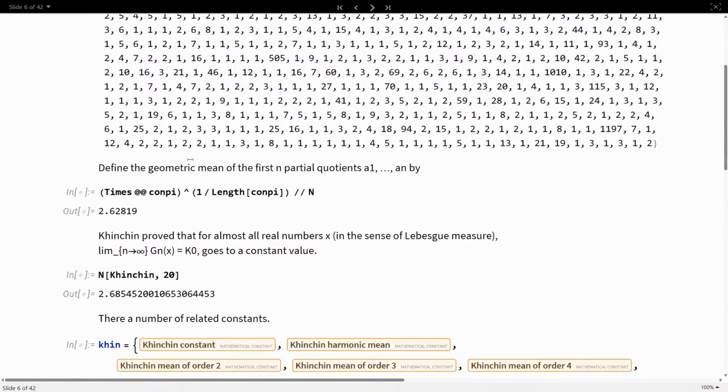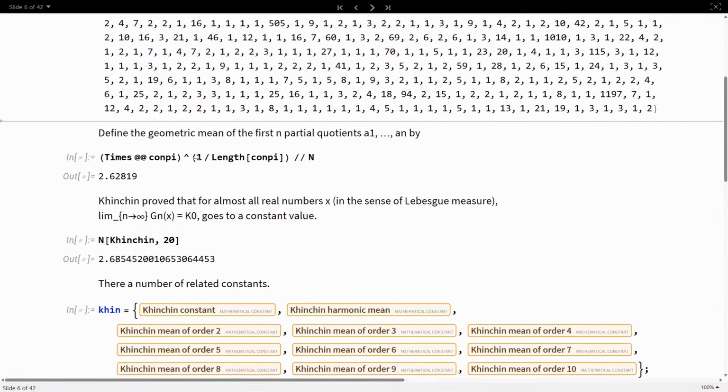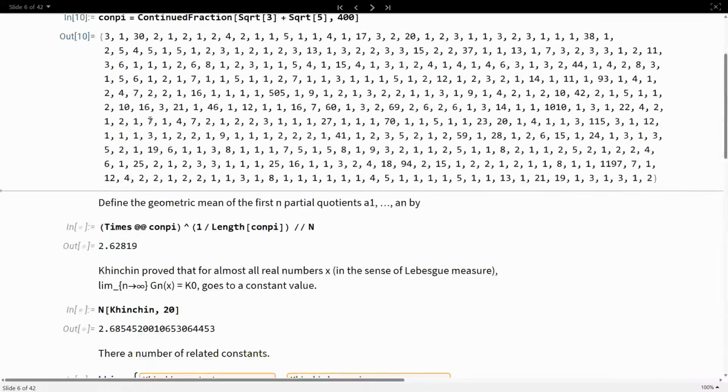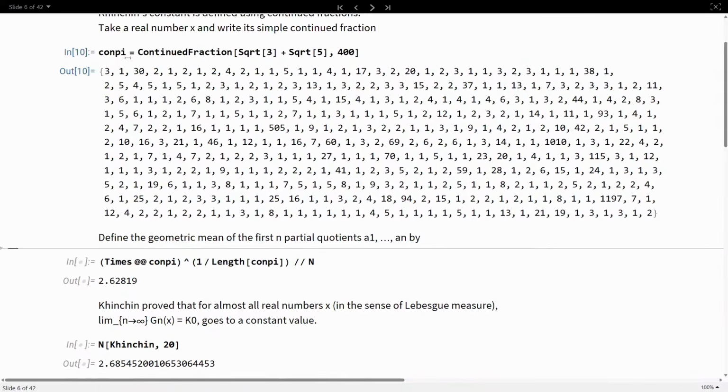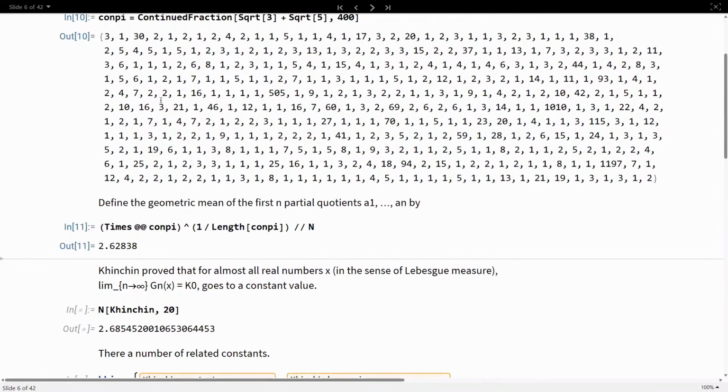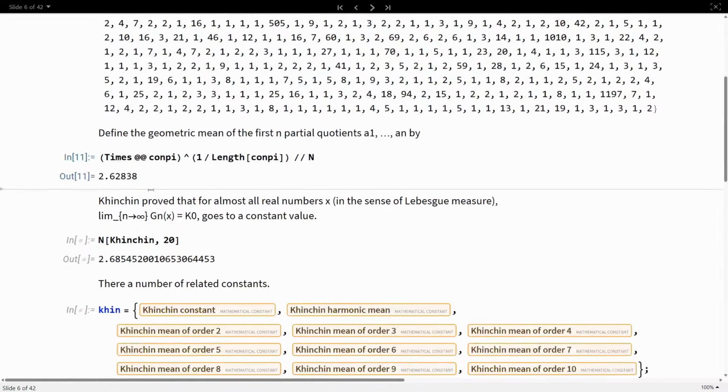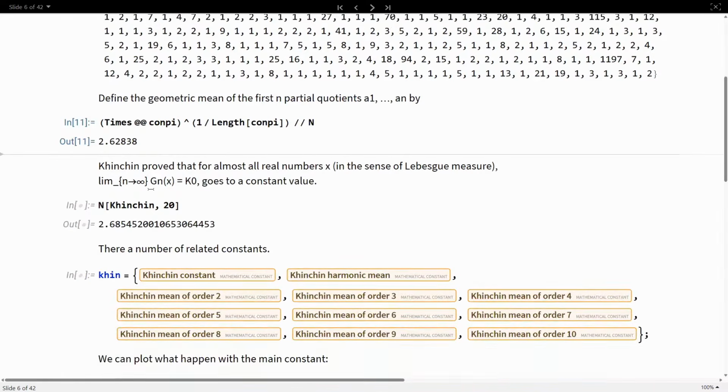But if you take one of these values, for example, I had pi here, the continued fraction. Let's try it with this instead. Okay, this is going to Khinchin's constant, so maybe it is not repeating.